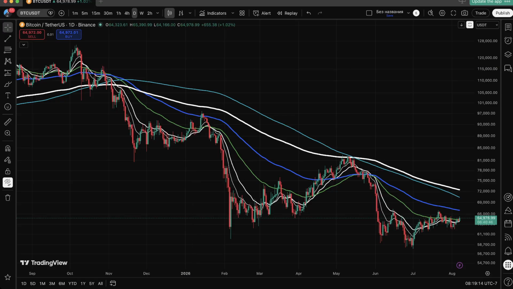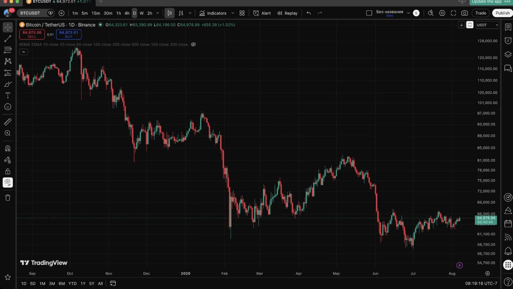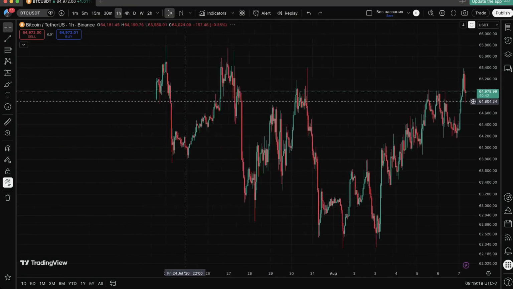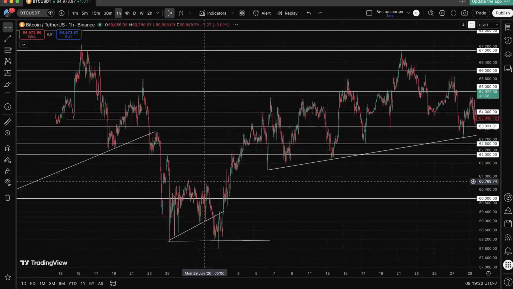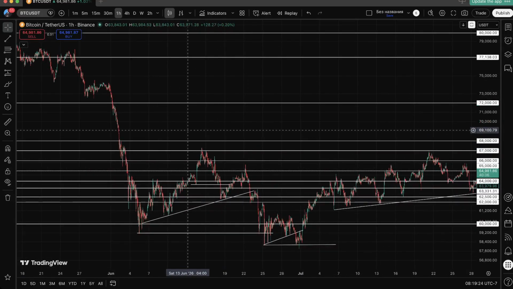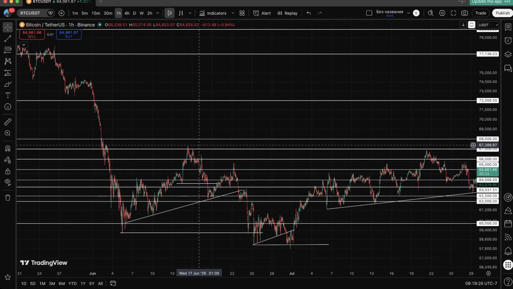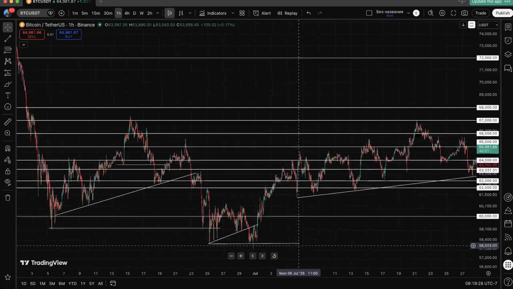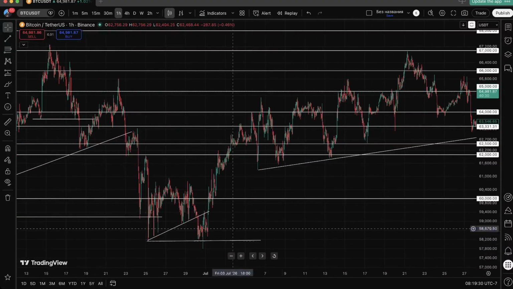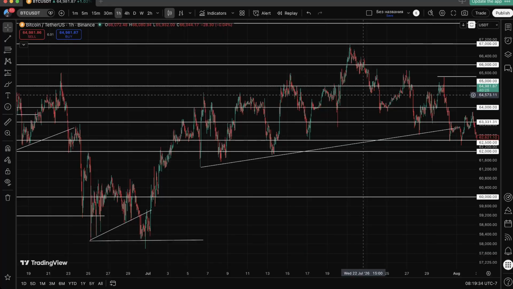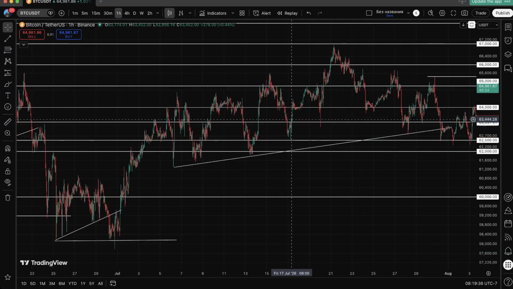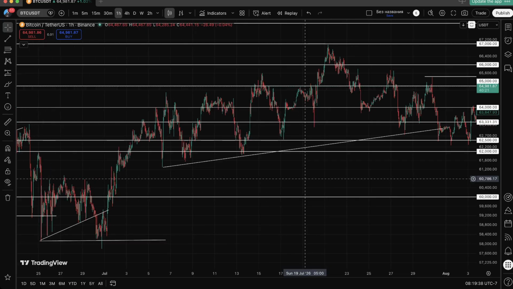Of course, swing trades sometimes might change, and previously we saw the same on Bitcoin's chart right here. We saw that Bitcoin was trading in a downward trend because maximums were decreasing and minimums were decreasing, and since that false breakout, Bitcoin started trading in an upward trend because minimums started increasing and maximums started to increase also, which means that the swing trend changed for a short period of time.